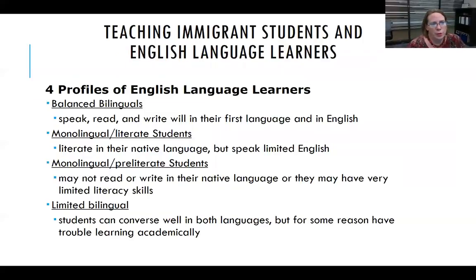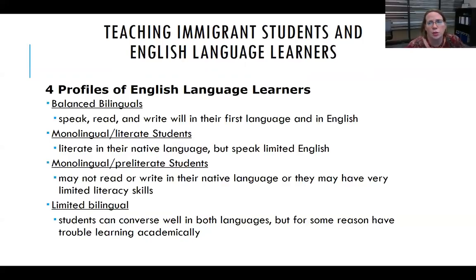So let's explore some profiles of English language learners. So ELL. The first one is balanced bilinguals. They can speak, read, and write well in their first language and in English. Monolingual or literate students are literate in their native language but speak limited English.